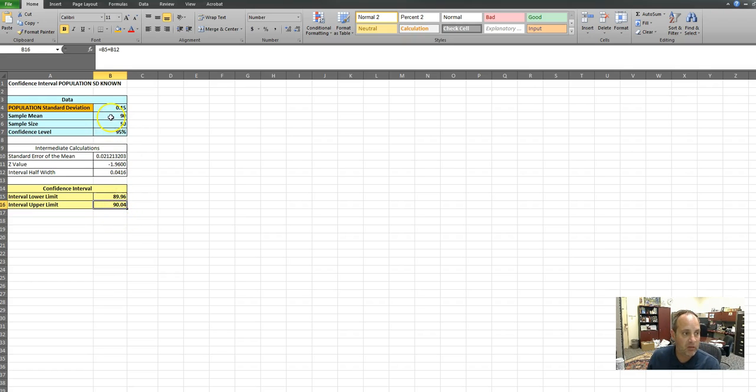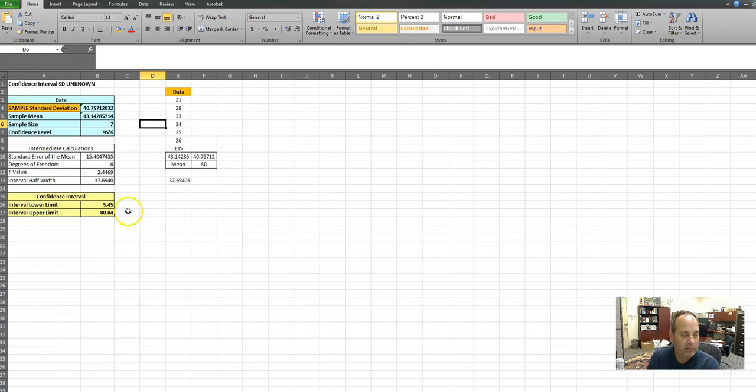Like I said, you can just plug in any number here, and these calculations will automatically update. The other calculator I gave you calculates the confidence interval when the standard deviation for the population is unknown. So here, you would have to calculate the sample mean and standard deviation.